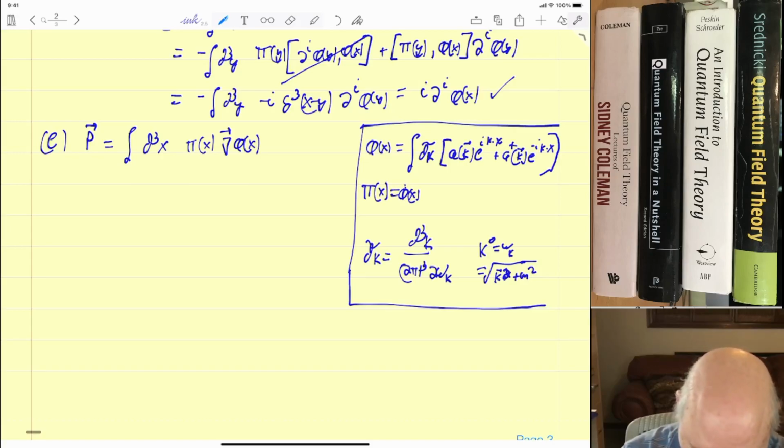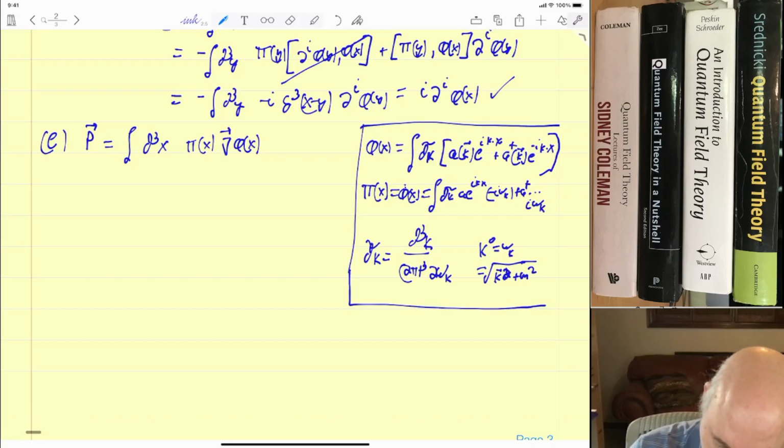So this is going to be like the integral d k tilde, and I'm going to write this in schematic form, a e to the i k x. You're going to get a minus i omega k, because remember the metric Srednicki is using, the time term will be minus. So I get a minus i omega k, and then plus a dagger dot dot dot times an i omega k. Okay.